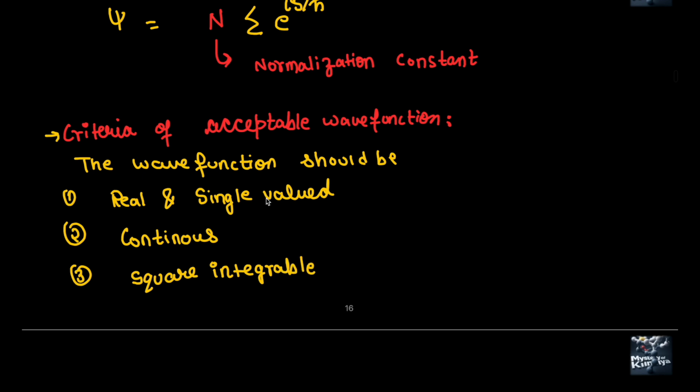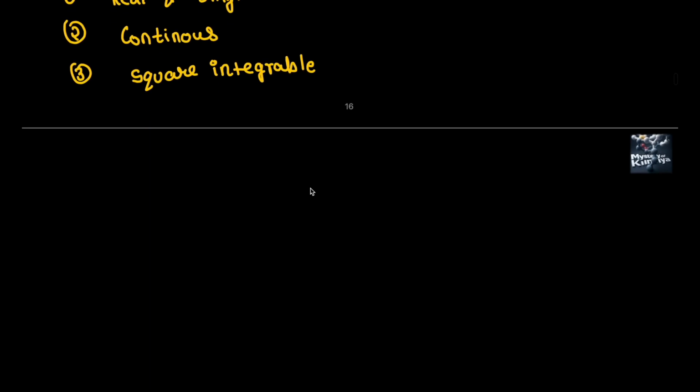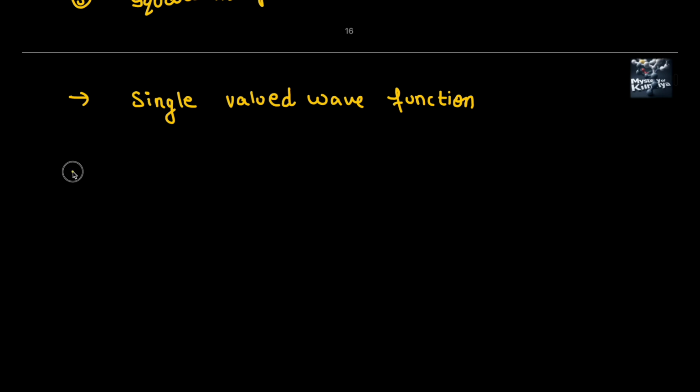Okay, we'll start with the meaning of a single valued wave function. Suppose, for example, we have two types of function.